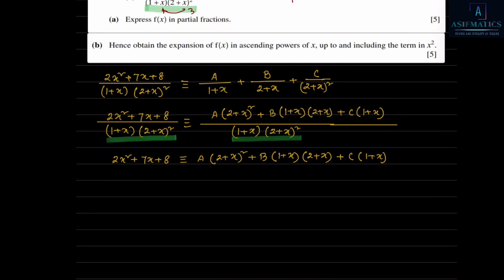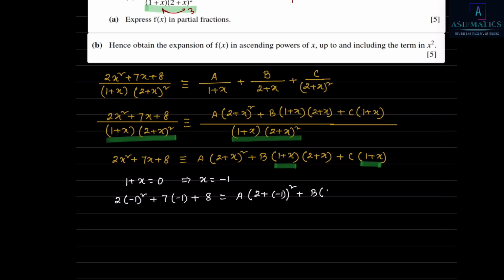Okay, so let's start with the first term, 1 plus x equals 0, because 1 plus x is here with c and with b. So we can write 1 plus x equals 0, or x equals minus 1, and then we can put this in: 2(minus 1) squared plus 7 times minus 1 plus 8 equals a(2 plus minus 1) whole squared plus b times 0 plus c times 0.